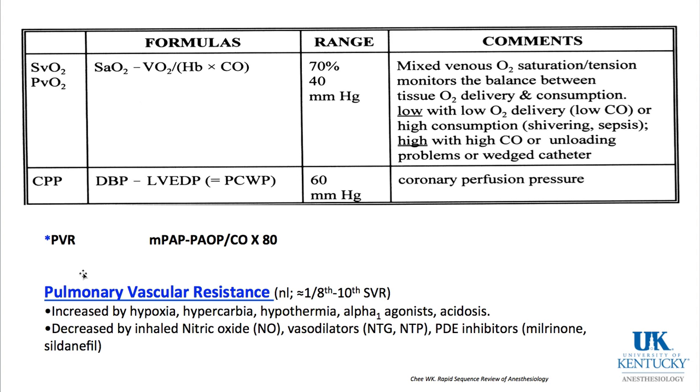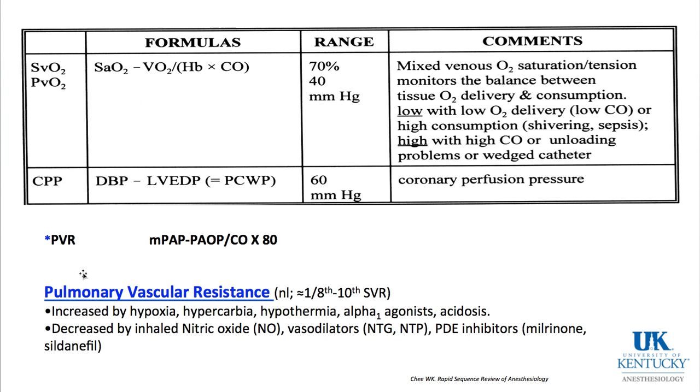The right heart is not going to like that very well, and you may actually end up with right heart failure. There's things that can decrease pulmonary vascular resistance. Inhaled nitric oxide is one. When you inhale nitric oxide, it goes into the alveolus and vasodilates those perialveolar capillaries, binds to hemoglobin, and so it is a selective pulmonary vasodilator, does not dilate the systemic circulation.